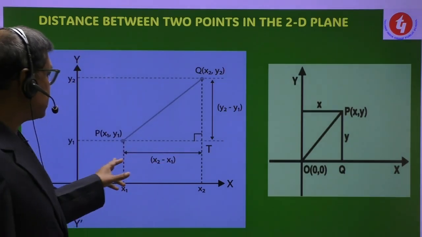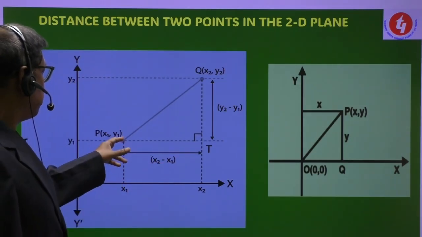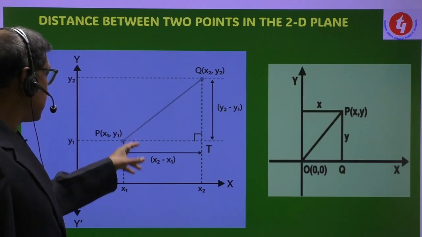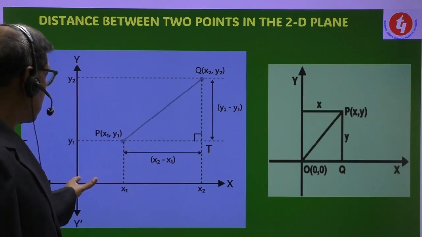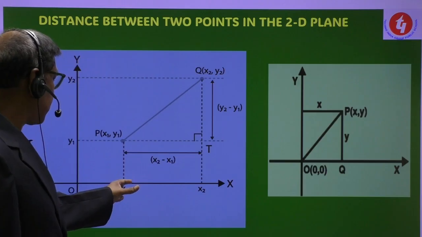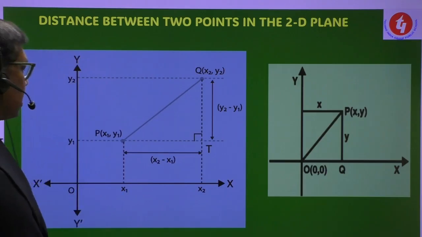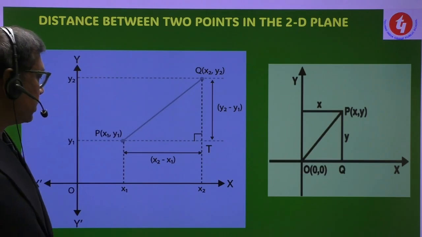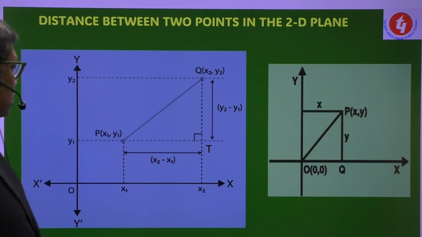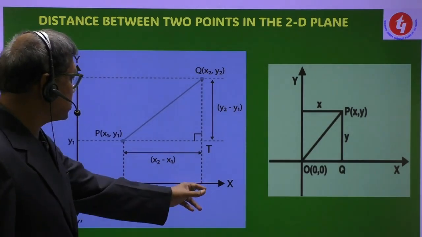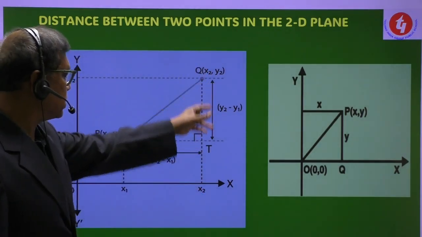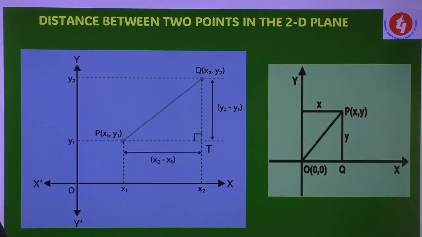In this figure, see, since P is the point whose coordinates x1, y1, so from origin to this foot of the perpendicular is x1. Is it clear? Now from origin to this, how much? x2. Why? Because the abscissa part of this point is x2.